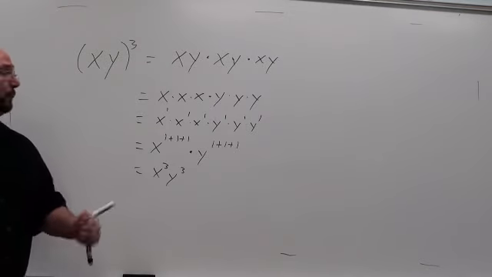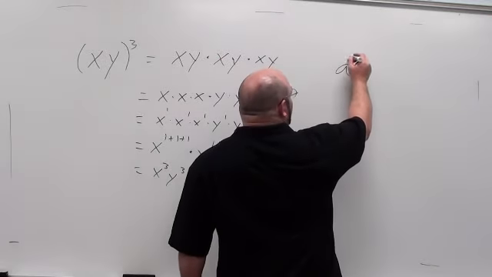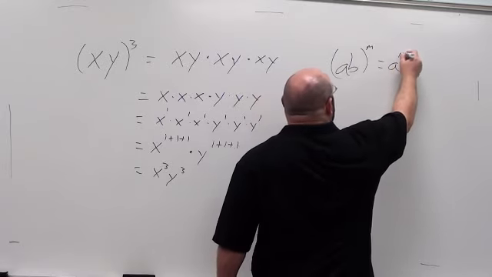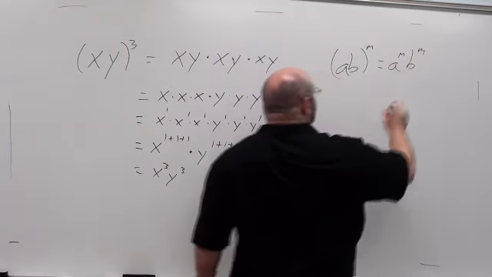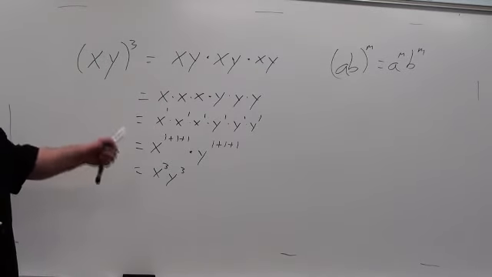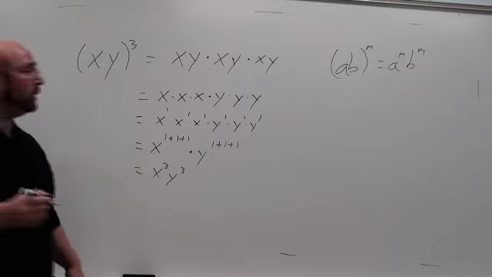But we have a rule, and basically our rule is ab to the m is equal to a to the m, b to the m. So if we look at that, my a would be my x, my b would be my y, and my m would be my 3.